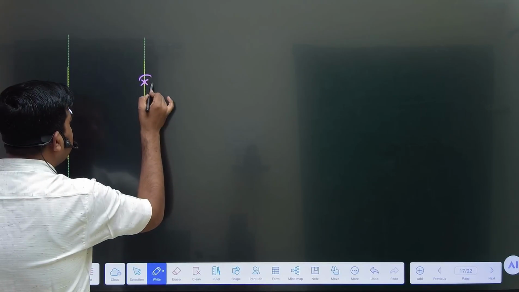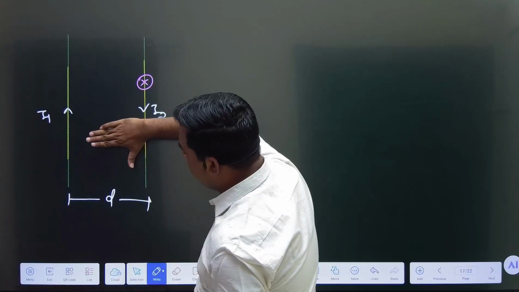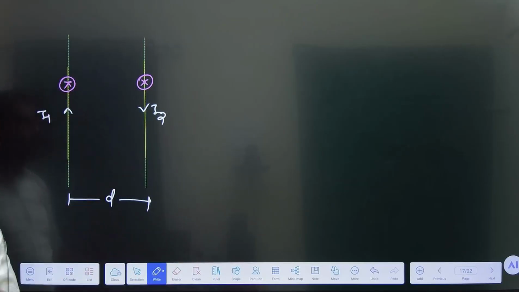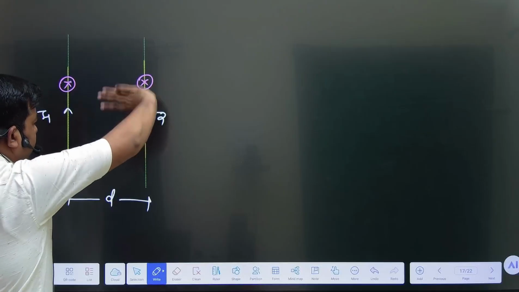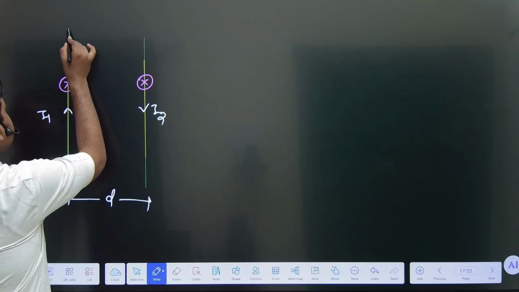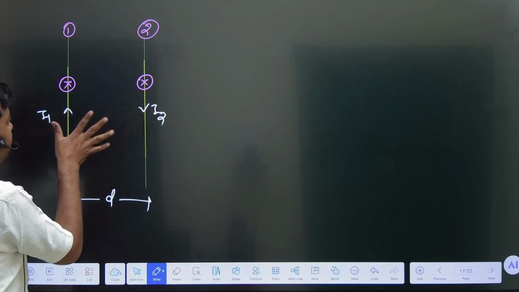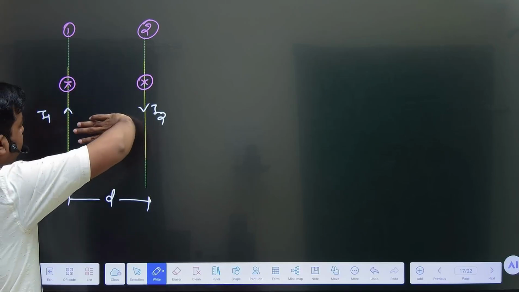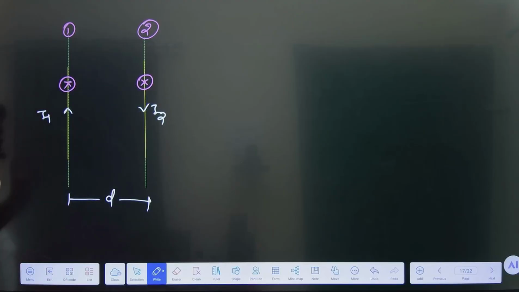This is the first conductor and this is the second conductor. So the magnetic field on the surface of the second conductor due to the current of the first conductor is inward, and the magnetic field on the surface of the first conductor due to the current of the second conductor is also inward.